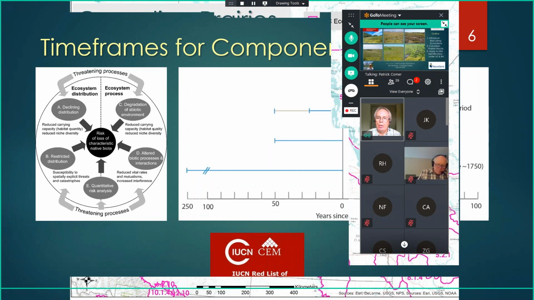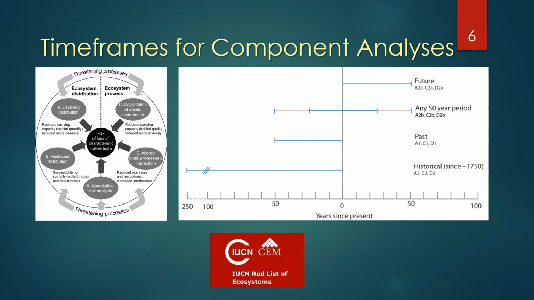Some of these are looking at a long-term trend, so we'll say the historic trend since, let's say, industrial agriculture and land uses were active on the landscape. That's one time frame of measurement. Another time frame is the last 50 years, or any 50-year time period overlapping today, or looking 50 years out into the future. These are all different time frames that are relevant to analyses.